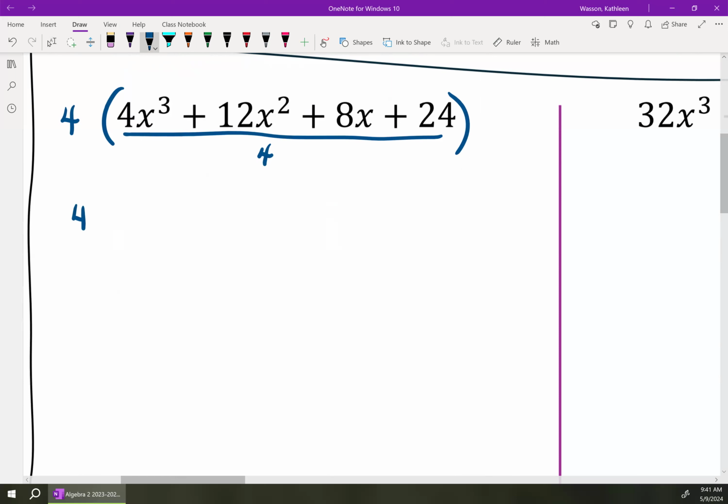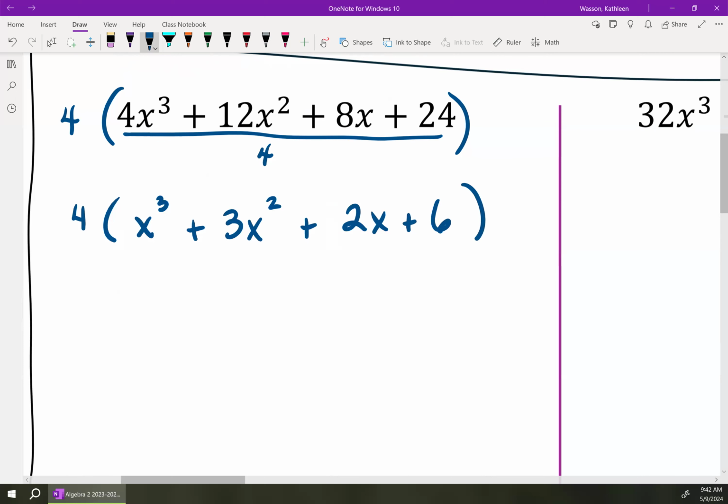Make sure that you always write the 4 with your other factors and don't just throw it away. I can rewrite this polynomial as x to the 3rd plus 3x squared plus 2x plus 6. So that was step 1.